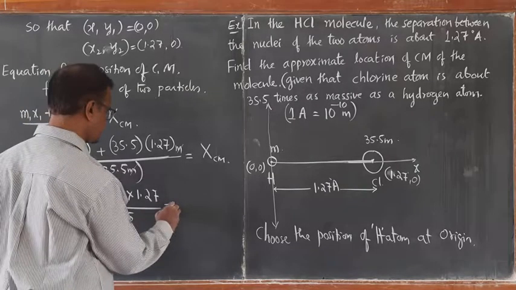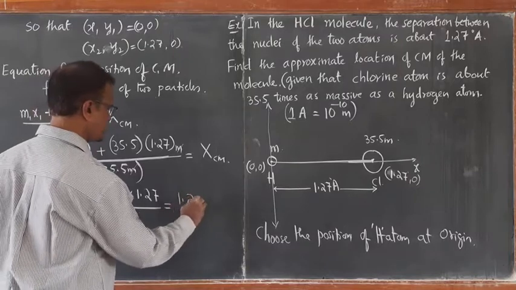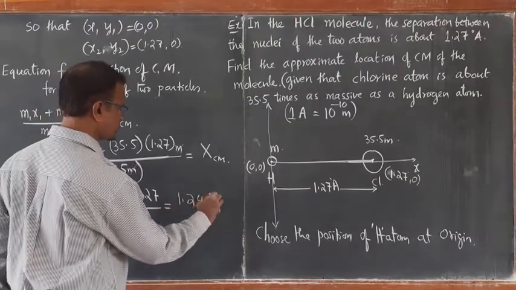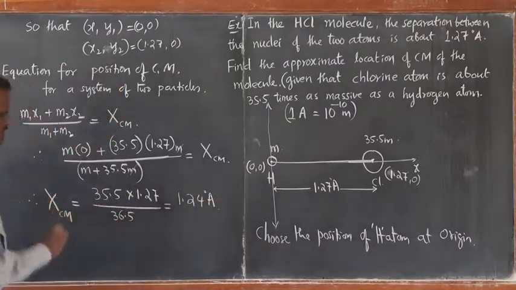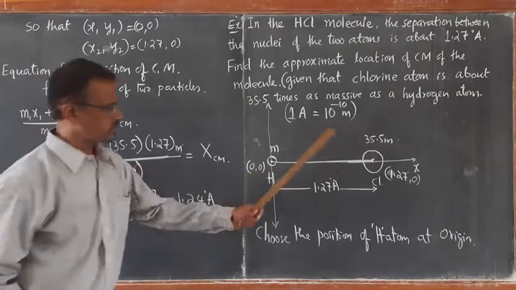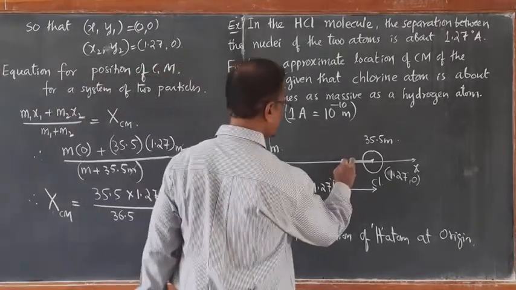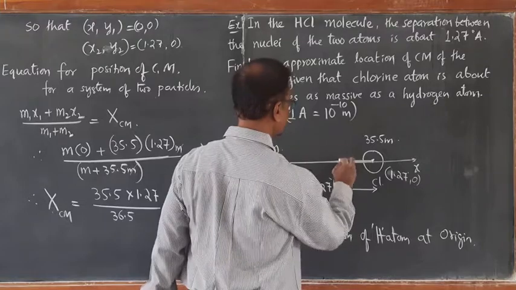If you calculate this, it comes out to be 1.24 angstrom, because the distance is in terms of angstrom. So somewhere here you get the position of the center of mass.